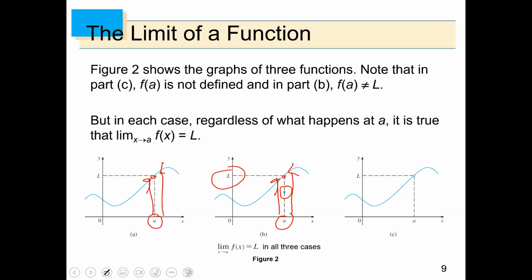So whatever the value of f of a, the limit is something different. You look at the right and left, and if they meet at the same point, then this is the limit. If they don't meet, we will see that the limit does not exist.